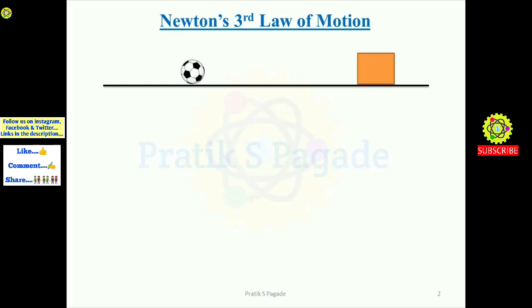Further, see here, this is the ball resting on a table, okay, and to remain on this table, ball will need to apply some force on this table, and also table needs to apply some force on this ball. As you have seen here, ball is applying some force.